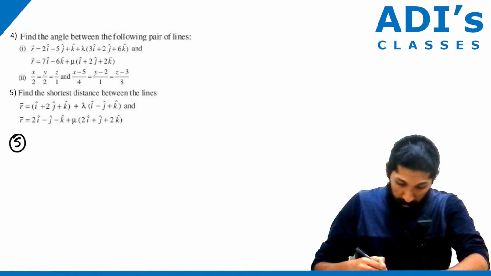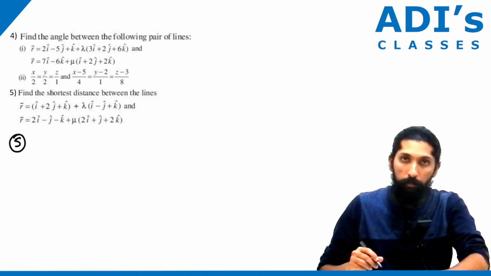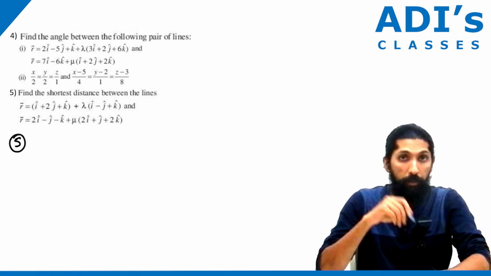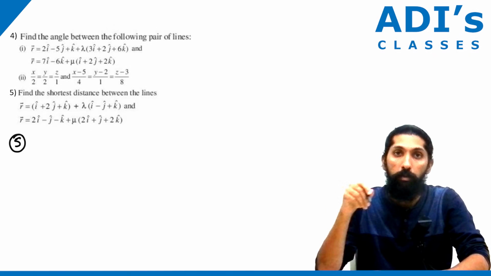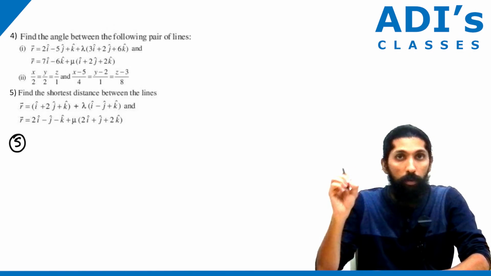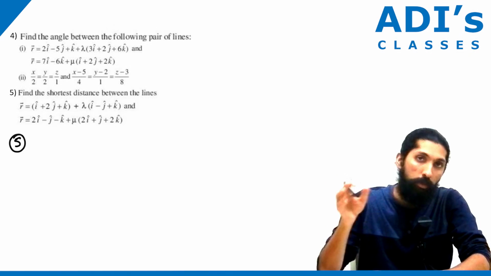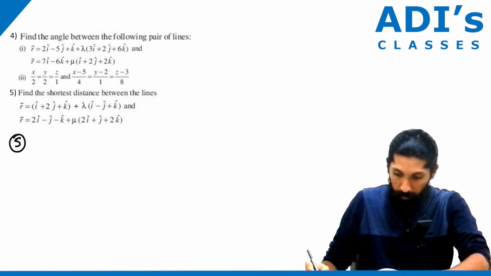See the fifth one. Find the shortest distance between the lines given by this and this. Remember the formula. Shortest distance is b1 cross b2 dot a2 minus a1 by mod of b1 cross b2. Correct? So first we'll calculate what is a2 minus a1. Then we'll go to b1 cross b2. Fair enough? Now you know what is the value of a1.